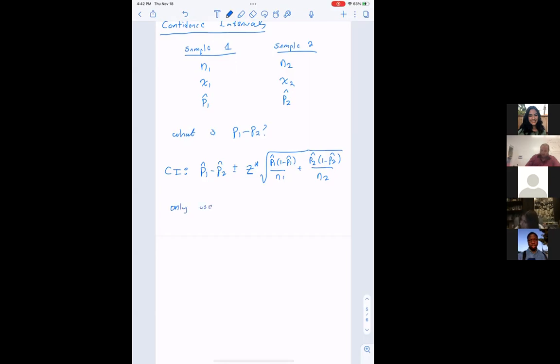Only use this version, the large sample confidence interval, if there are greater than or equal to 10 successes and failures in each sample.